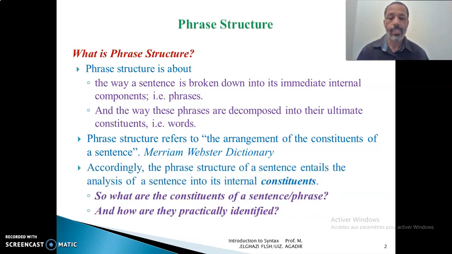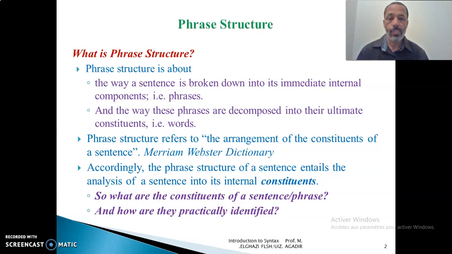Accordingly, the phrase structure of a sentence entails the analysis of a sentence into its internal constituents. When we say phrase structure of a sentence, what do we mean? We mean how the sentence can be analyzed into its internal constituents.